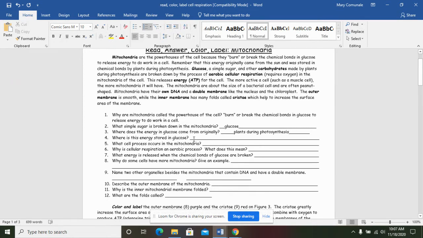It's in the mitochondria, I believe. What cell process occurs in the mitochondria? That's going to be cellular respiration. I'm just going to abbreviate it as cell resp.